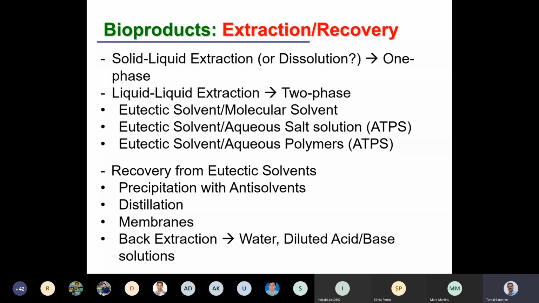If you use hydrophobic solvents, you can use water or diluted acid-base solutions. Those are options. Some works try to use resins, but maybe you can run into the same problem as with membranes.